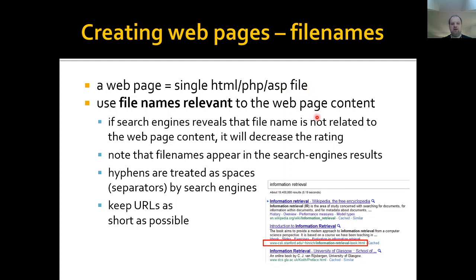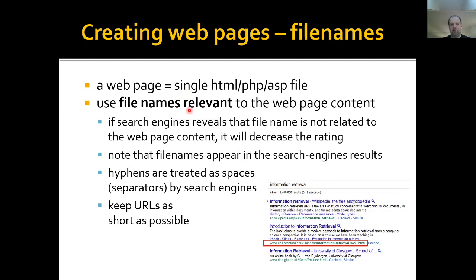And the first thing we have is the file name or URL. So for example, for this web page, we can see in the URL, already in the file name, the terms that we search for. So we search for information retrieval, and we see that there is information retrieval directly in the file name. So we do not even need to download the file and parse it. We see it already from the name.